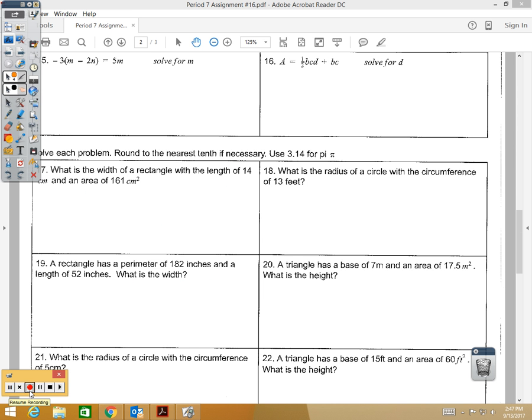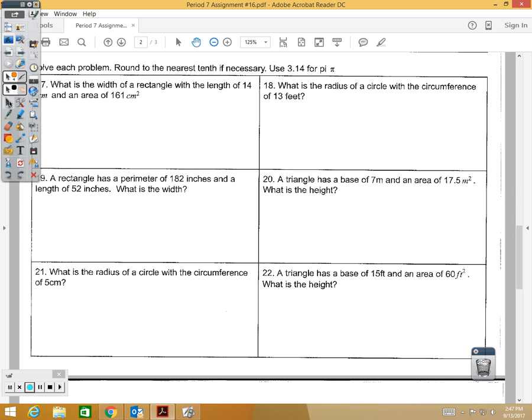We kind of talk on this bottom section about why we're actually doing this, why we want to isolate a variable. These are actual problems where you're finding either perimeter or area or circumference of a shape where you have those formulas. Normally if I want you to find the area of a circle, I give you the radius and you find the area.